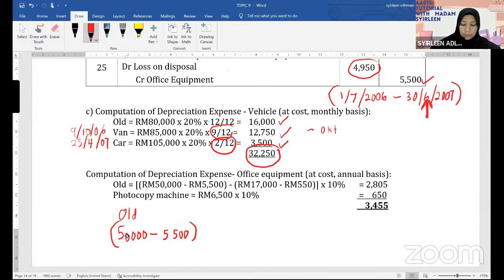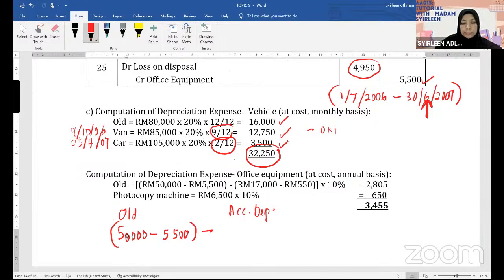Betul? Kalau awak tengok dalam soalan, the accumulated depreciation for office equipment kita dah ada 17,000. So the accumulated depreciation given in the question, sebab kalau kita nak guna net value, this one kita akan minus dengan accumulated depreciation, right?